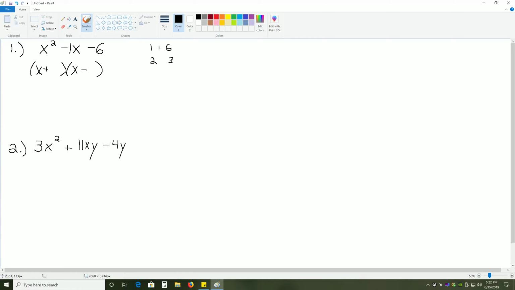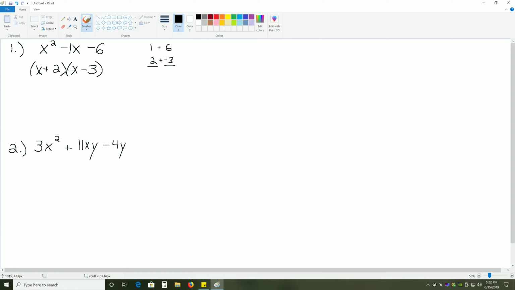So adding these together, we need a result of -1, and the only way for that to happen is if this 3 were negative, meaning 2 plus -3, which means this plus is going to be matched with this 2. So the 2 goes here, and then this minus will be matched with this negative that we just had with the 3, so we have a -3.